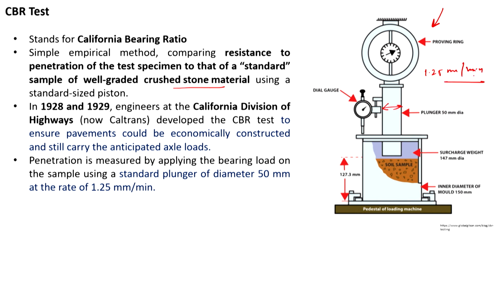Okay. So, some of the aspects related to the testing can be seen from this particular picture. You see you have the soil sample here. The soil sample is loaded using a standard plunger at a particular rate, that is what we have talked about. The change in the dimension of the sample can be monitored using a dial gauge which is placed here.